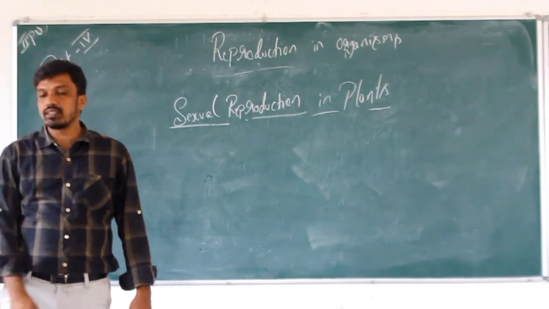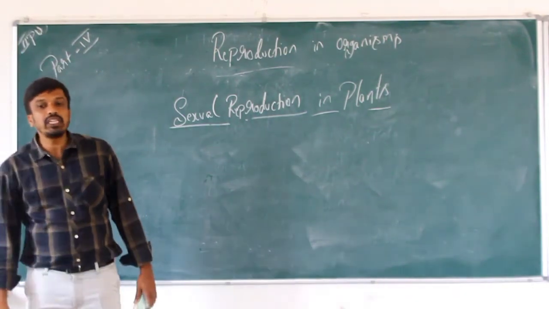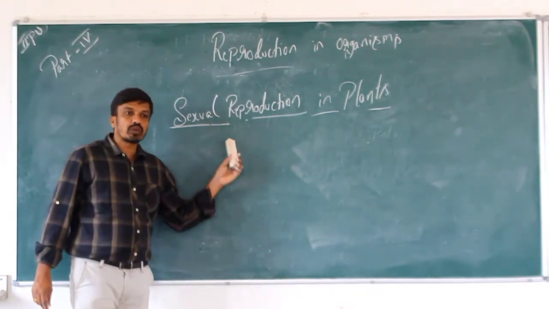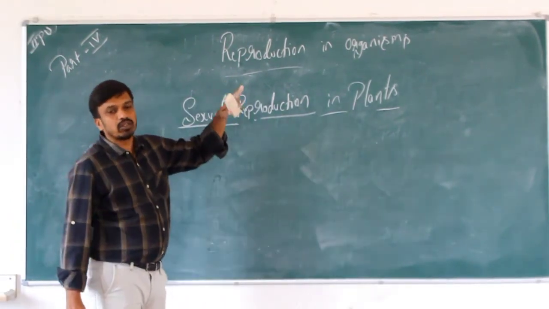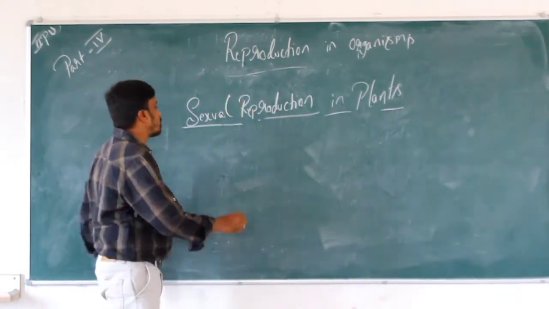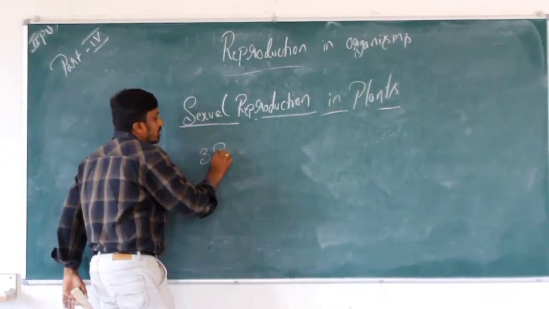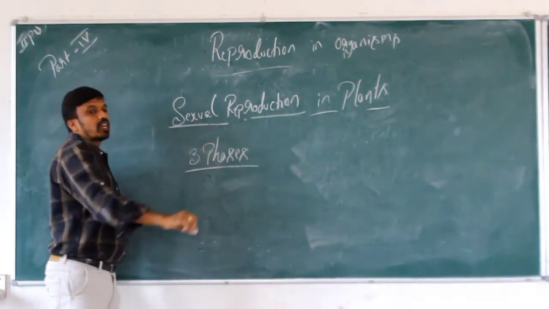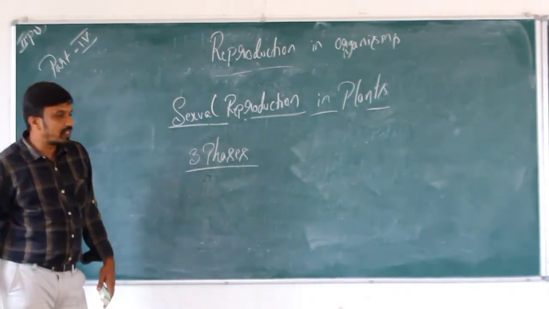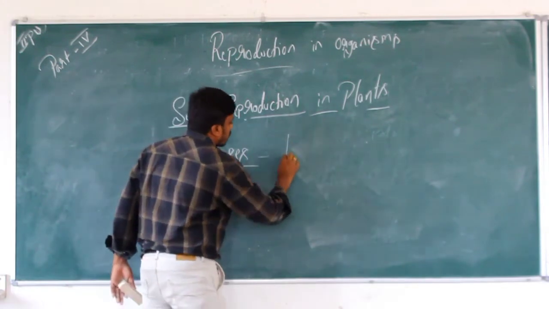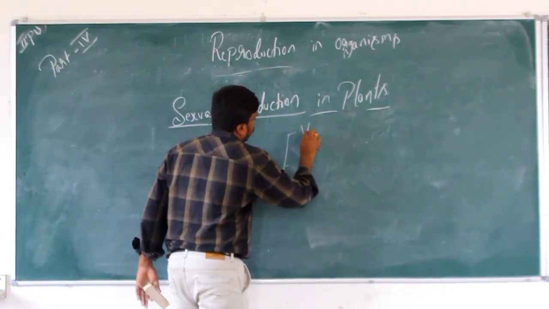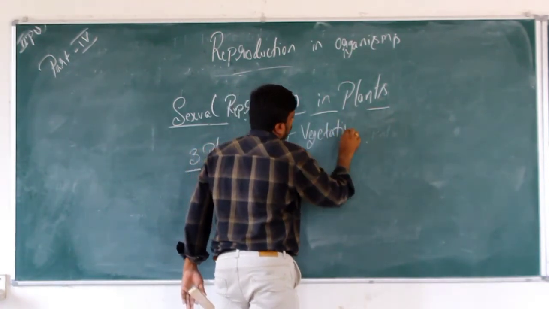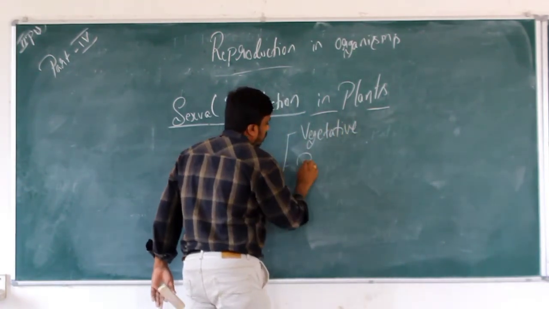In higher plants, the plants complete their life cycle in three phases. Which are those three phases? First one is vegetative. Next, reproductive.